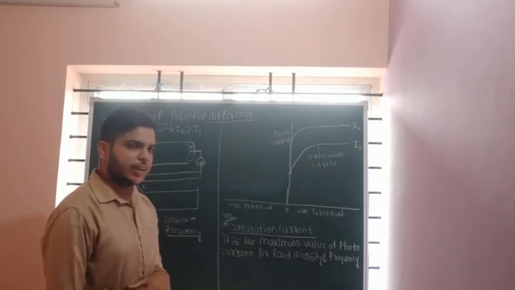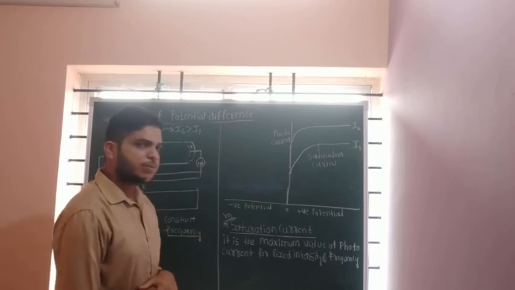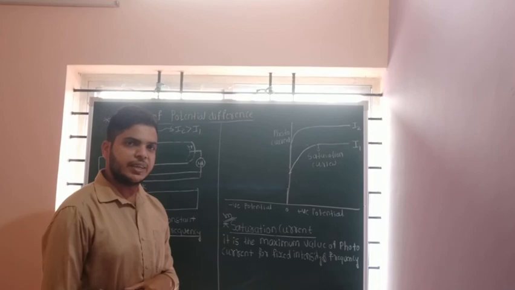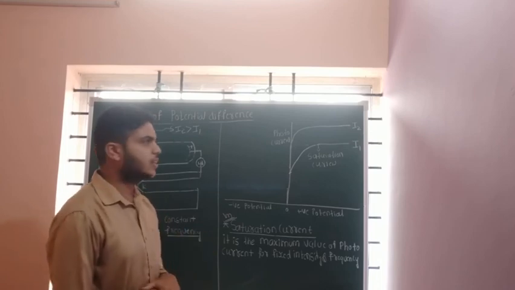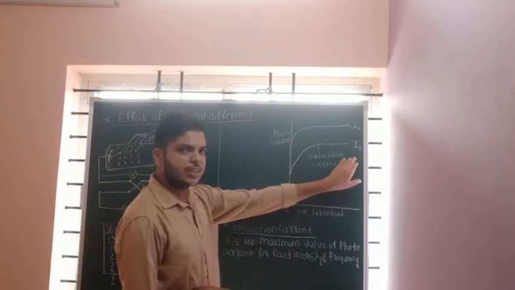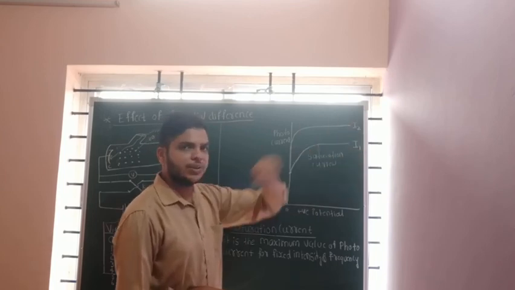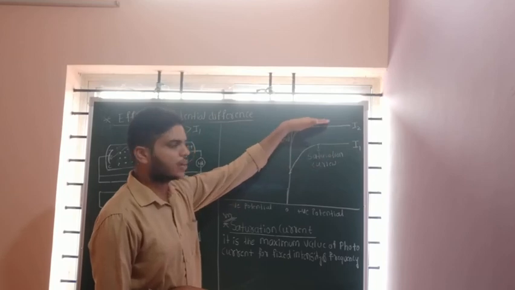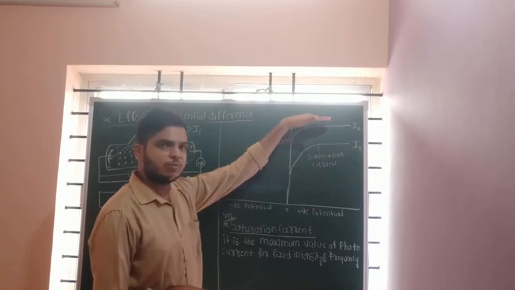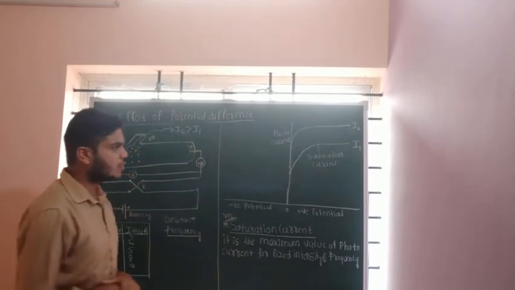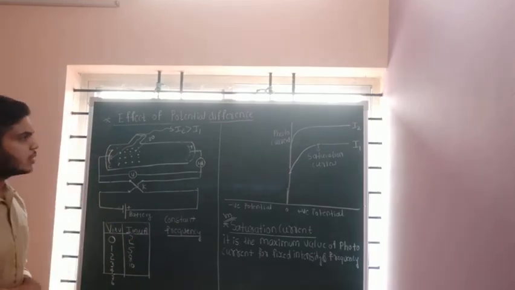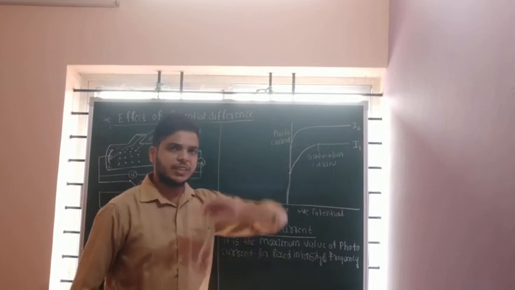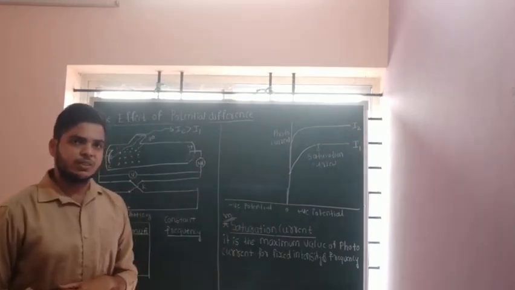Why? Because in the first observation we already saw that if we keep on increasing the intensity, the photocurrent increases. Therefore, if intensity increases from I1 to I2, automatically the saturation current increases. We get more saturation current. Finally, what do we conclude? The saturation current mainly depends upon the intensity of the radiation. It does not depend upon the frequency of the radiation.